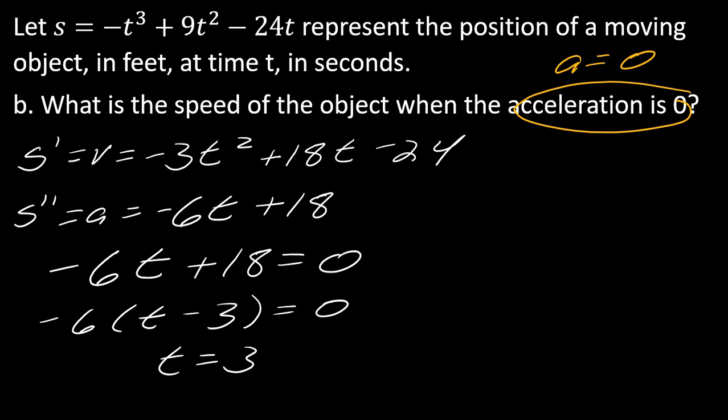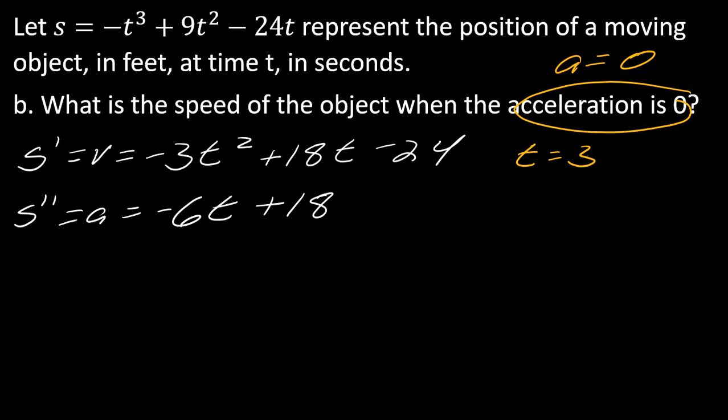So now I need to calculate speed. I'll just note t equals 3 over here, and I'll clear some space. Speed and velocity are connected. So what I need to do now is plug 3 into this guy right here.